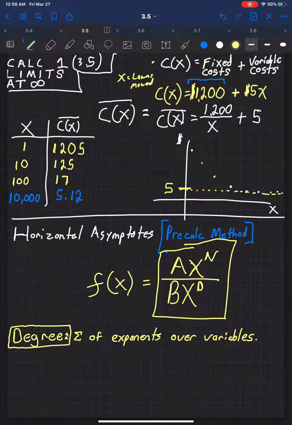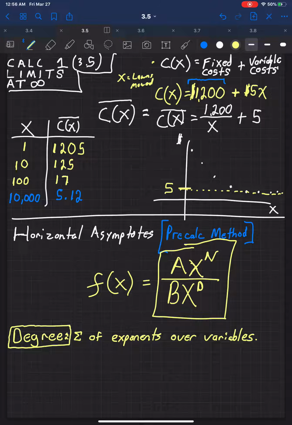And the way that we did this in precalculus was we're going to look at the degree of the numerator compared to the degree of the denominator. Right now, a loose working definition of degree is that it's the sum of exponents over the variables, but please don't dwell on that yet. I'll come back to that when we do an example to show you what I mean.